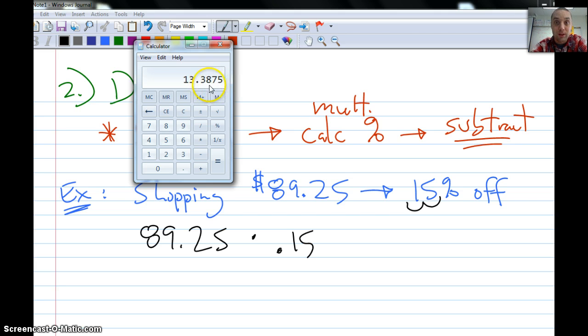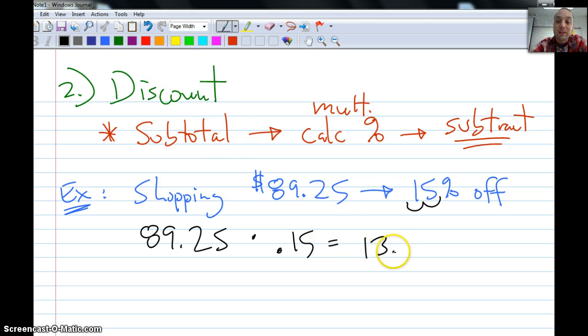So don't just write that whole thing down. We're problem solving here. Got to go to the nearest penny. So $13.39 is how much you get to discount. Now think about this. If you're really shopping, the computer, which has been programmed, does that rounding part for you. So now it's $89.25 was what we were supposed to pay.